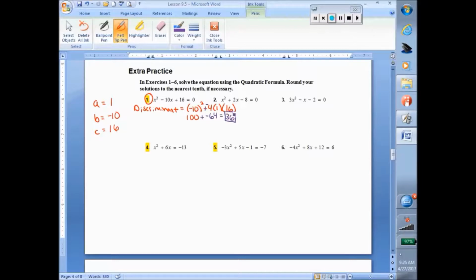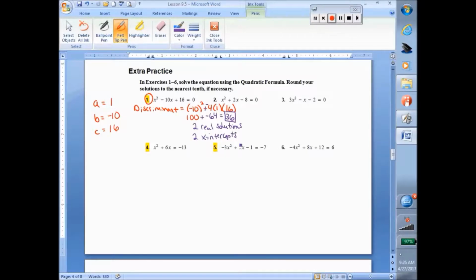Now what that discriminant can tell us is two different things. The discriminant is positive, so that means we're going to have two real solutions, and graphically it means we would have two x-intercepts.